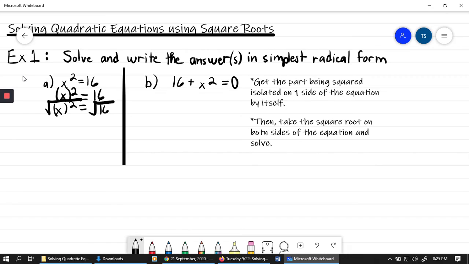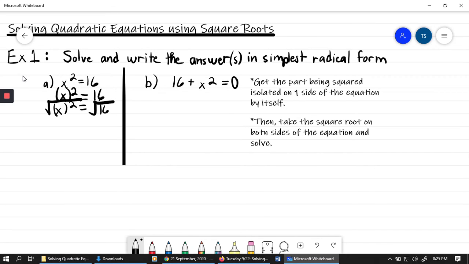Alright, so here's something that's pretty important to know. When you are taking the square root of something that is being squared, and here we can see that's what we're doing, we're taking the square root of x squared in this particular case, that square root acts as an inverse operation.